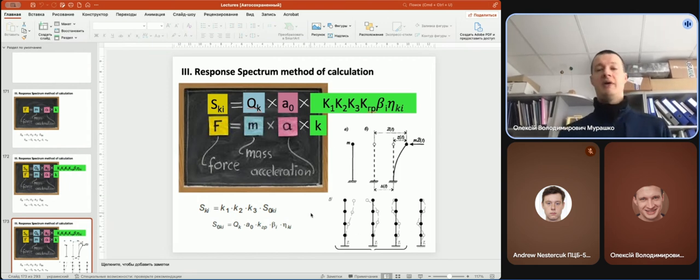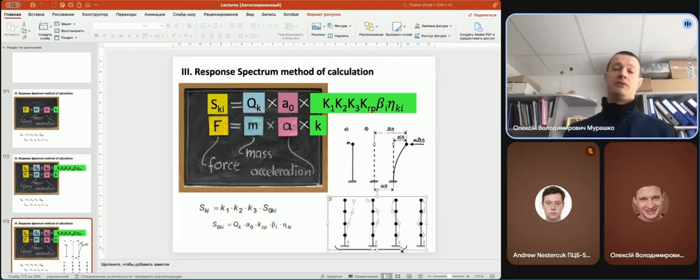But in case when we have, for example, a 4-story building, in that case, we will get at least 4 forms, because it is a simplified approximation of the 4-story building.